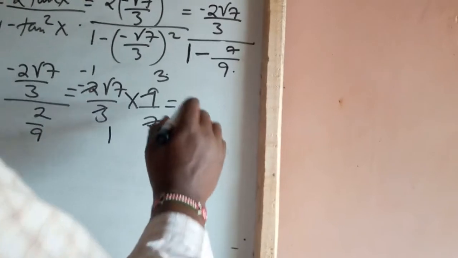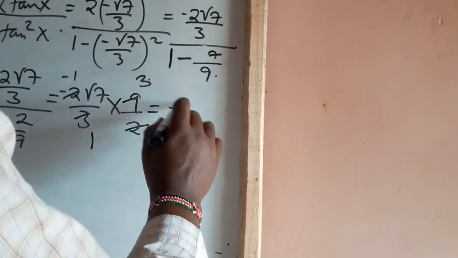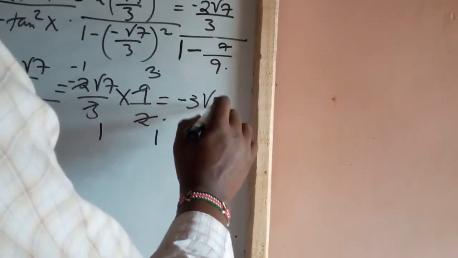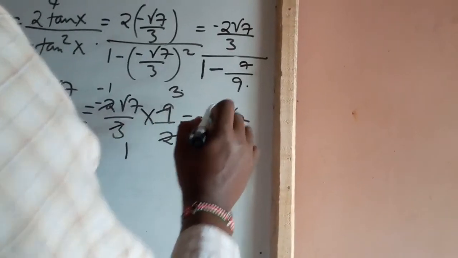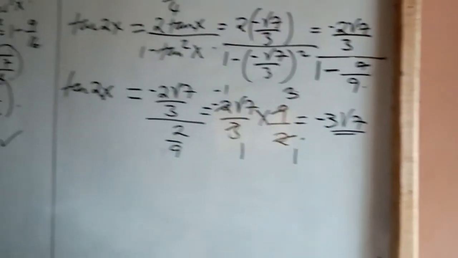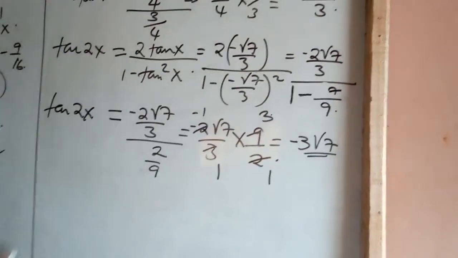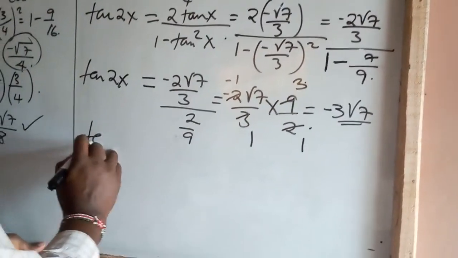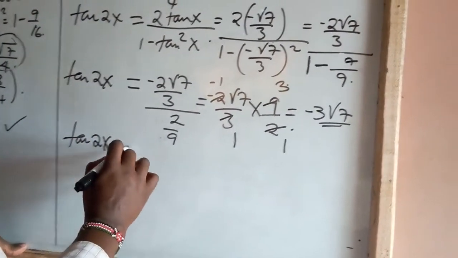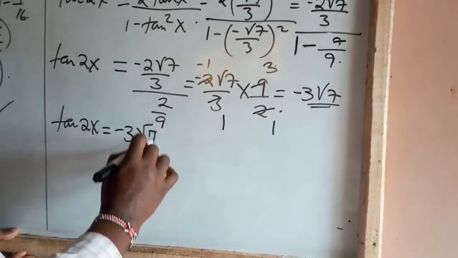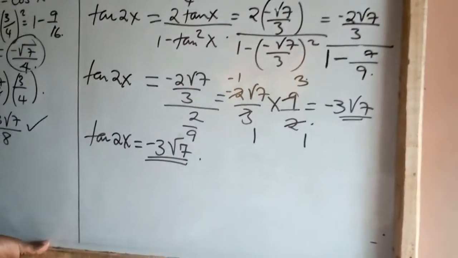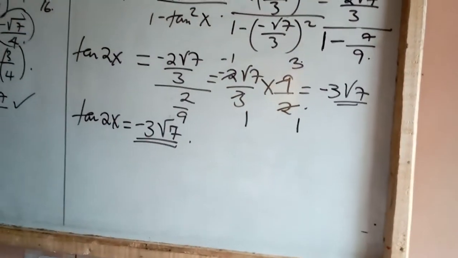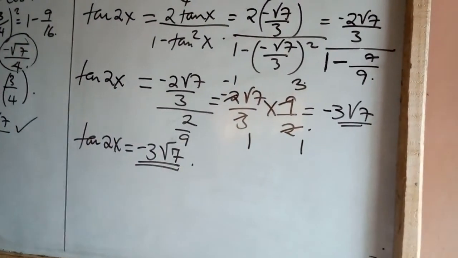So finally, we get negative 3 root 7. And that is basically what we can express tan 2x to be. So, in a nutshell, tan 2x is equal to minus 3 root 7. Please take care of all the steps. Okay?